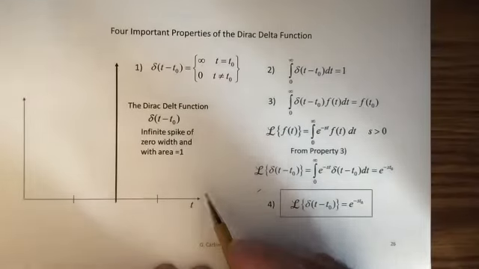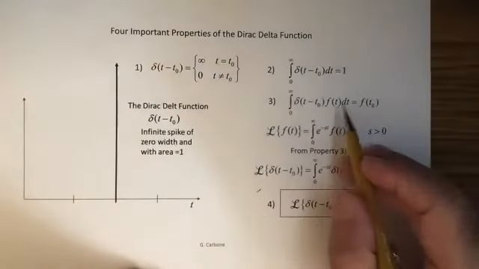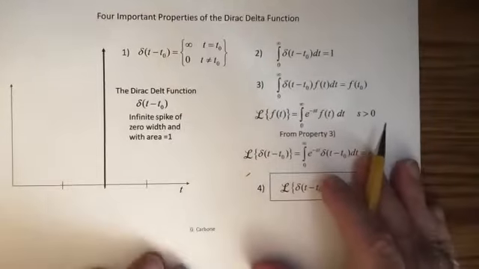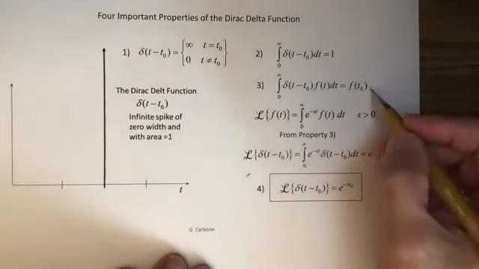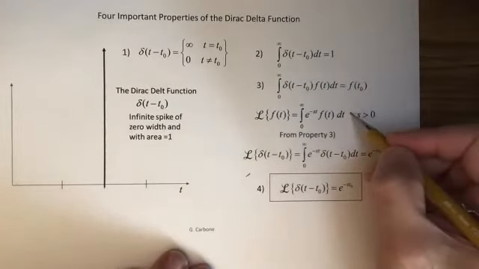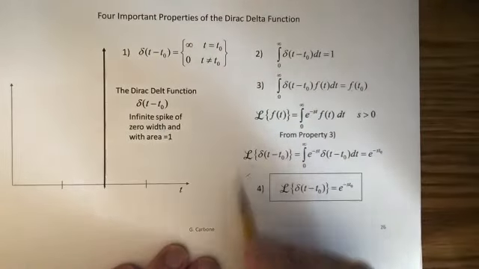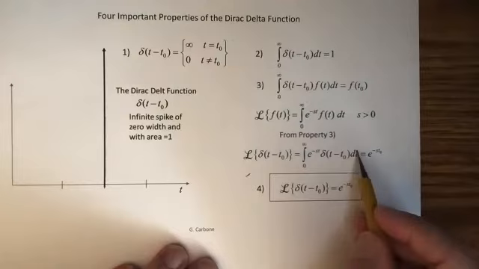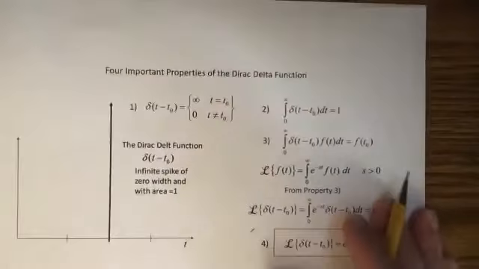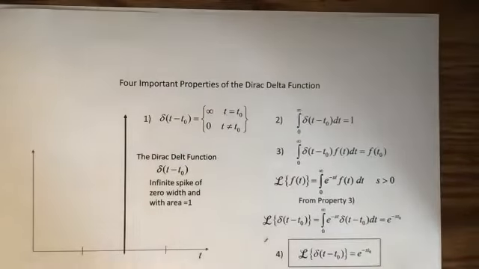From this property, which your book doesn't do, we can get what the Laplace transform is. Okay, so let me actually do that. So I have this property of the Dirac delta function.